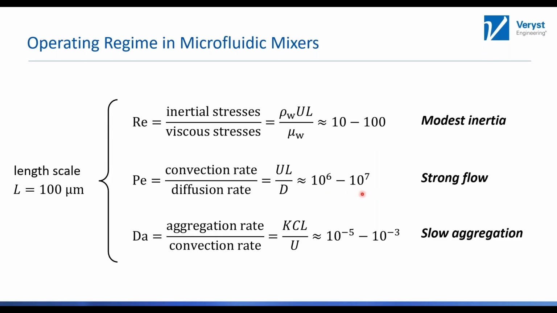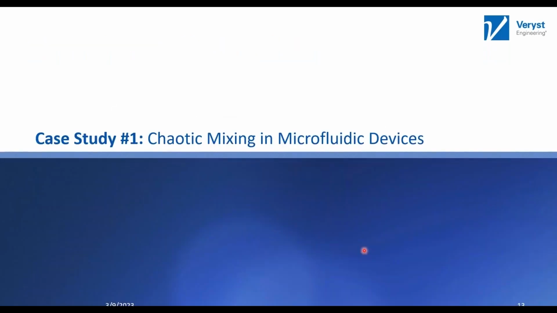And so this is coming back to the slowness of diffusion in microfluidics that I described earlier. And also, typically the convection is stronger than the kinetic rate of aggregation. So again, this is a slow step aggregation, and there's a tug of war in LNP self-assembly between the rate of mixing and the rate of the aggregation that I'll discuss in one of the case studies later in the talk. Great, so now we'll start on case study 1.